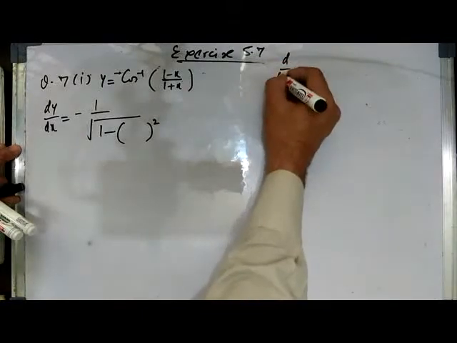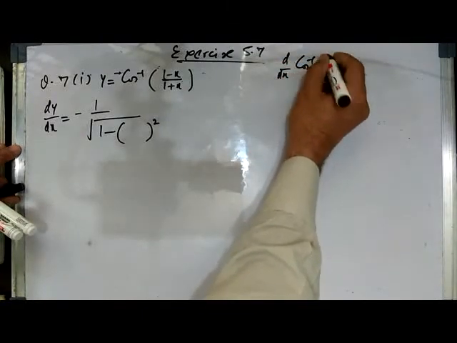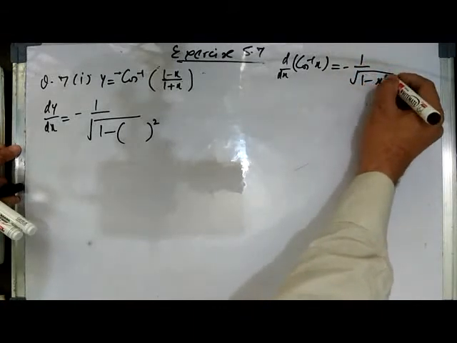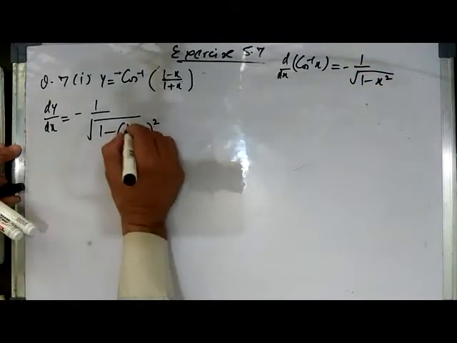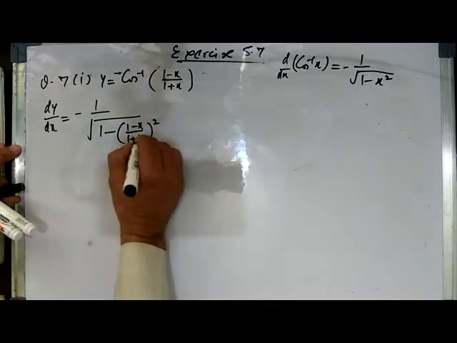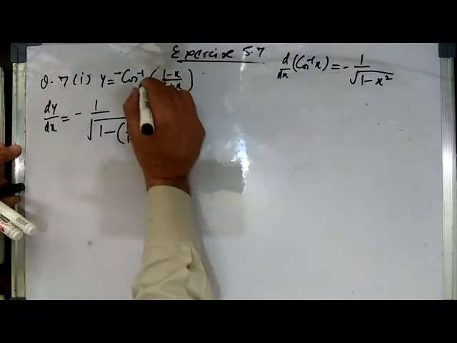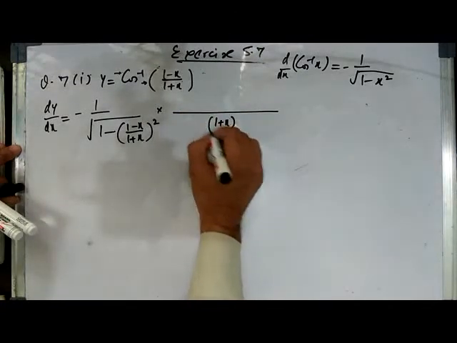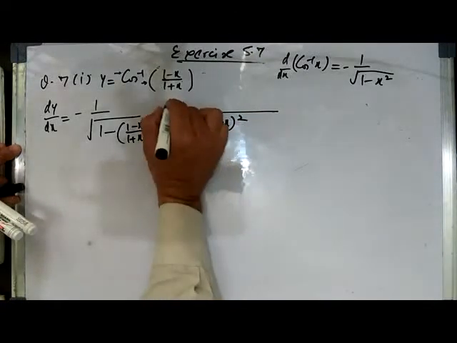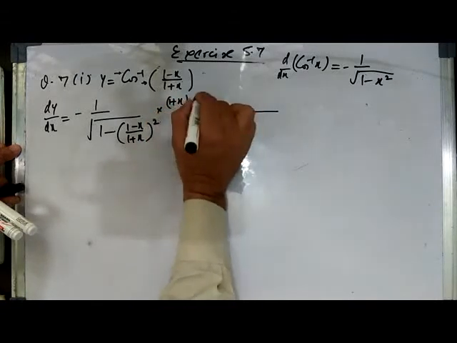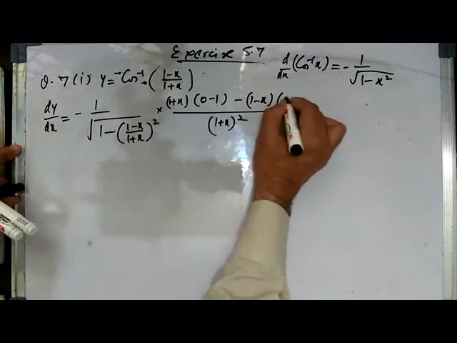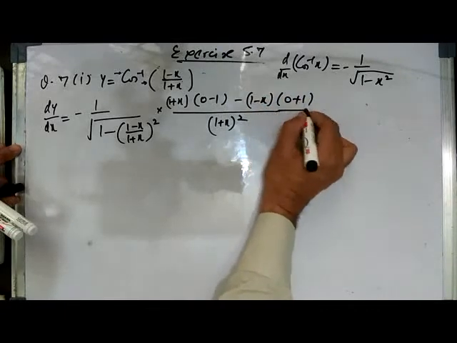You know, d/dx of cos inverse x is minus 1 upon under root 1 minus x square. But instead of x there is (1 minus x) upon (1 plus x). Then next you have to apply the quotient rule: denominator, denominator function, differential of numerator, numerator function, and differential of denominator function, over denominator whole square.